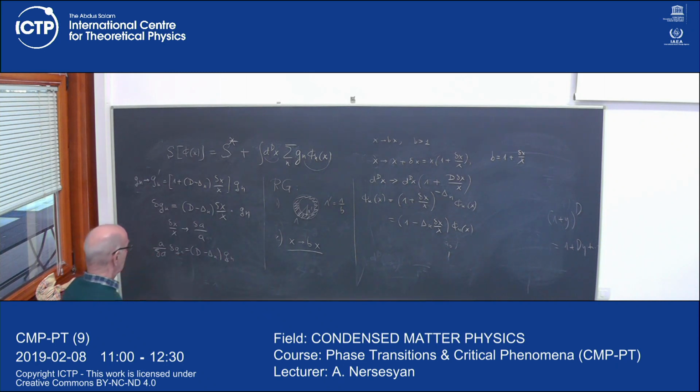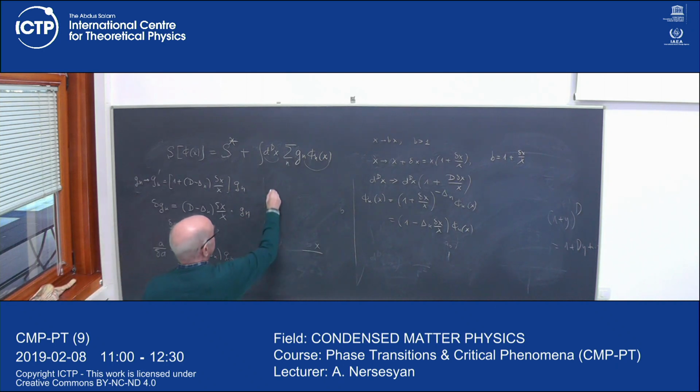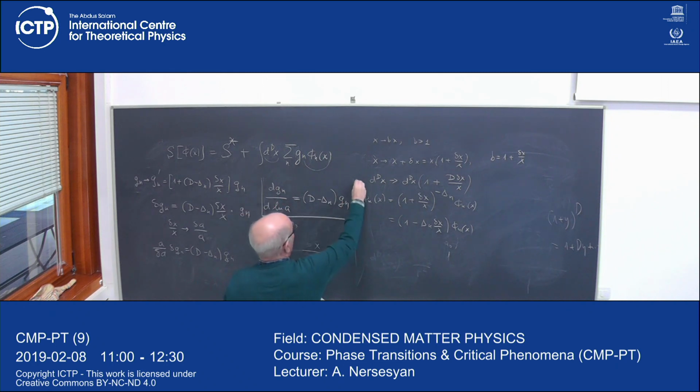Therefore, what is written here transforms to the following equation, which is worth being written separately and clearly. dGn/d log A is equal to (d minus delta n) Gn.